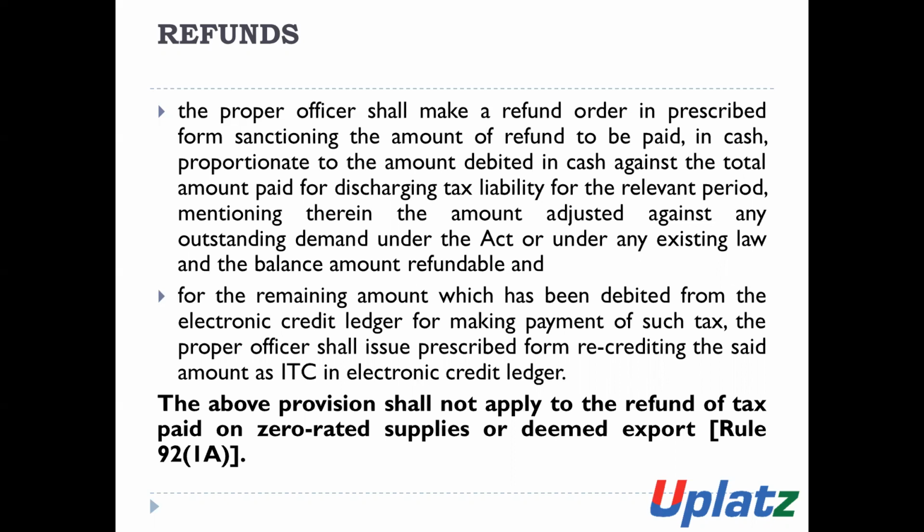Means if the proper officer is satisfied that the refund application made by the person is complete and such person is eligible for the refund, then the proper officer shall make an order in the prescribed form and sanction the amount of refund, which will be paid in cash proportionate to the amount debited in cash against the total amount paid for discharging the tax liability for the relevant period, mentioning therein the amount adjusted against any outstanding demand under the Act and under any existing law, and the balance amount refundable.